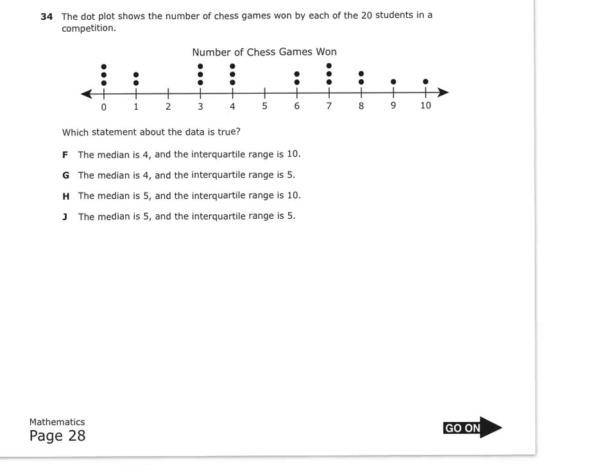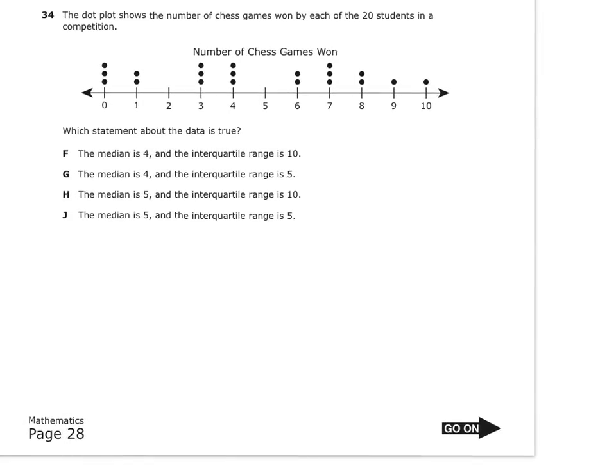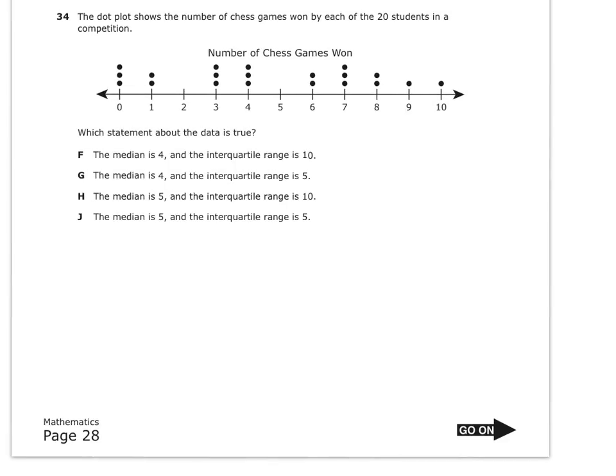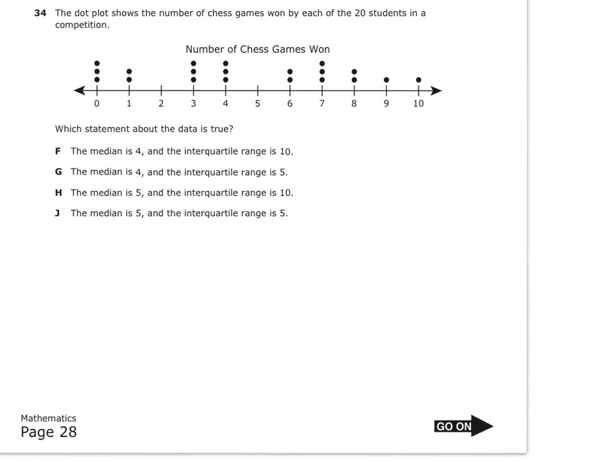Okay, this one is a lot of work. Okay, the dot plot shows the number of chess games won by each of the 20 students in the competition. Which statement is true about this data?